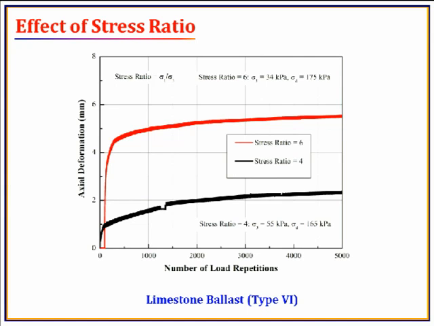Axial deformation means permanent deformation plus the recoverable deformation. So it is also true in case of the permanent deformation. Permanent deformation is nothing but the lower end of these curves. Okay? And if you check, when you are increasing the stress ratio, your axial deformation, permanent deformation increases significantly.